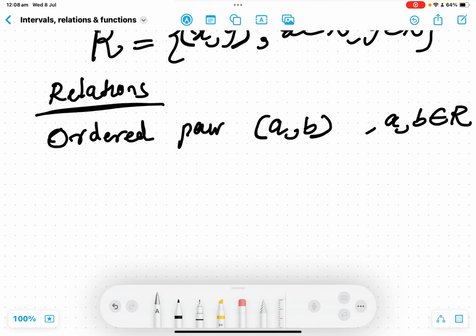Let's say there's another ordered pair which is (C, D).